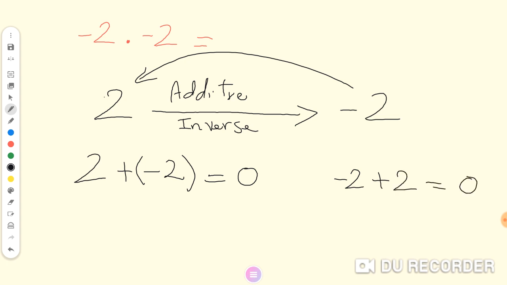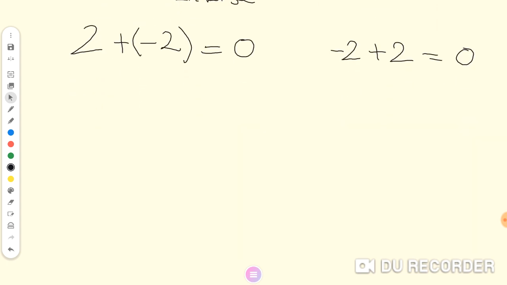So it's a very important fact that the sum of two additive inverse numbers is 0. From here we'll start to multiply mentally a negative number times a positive number.